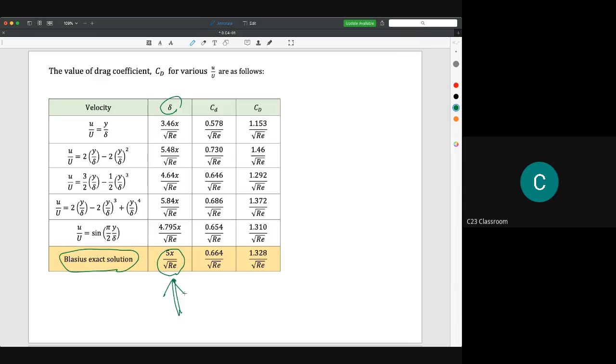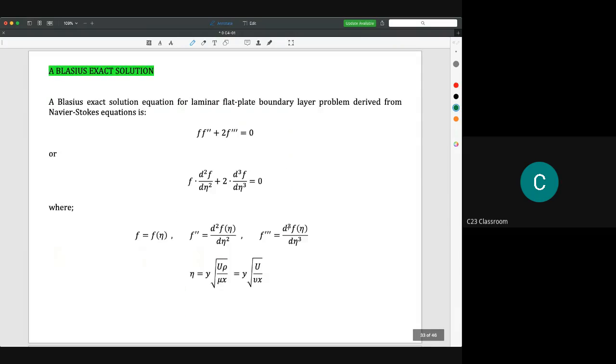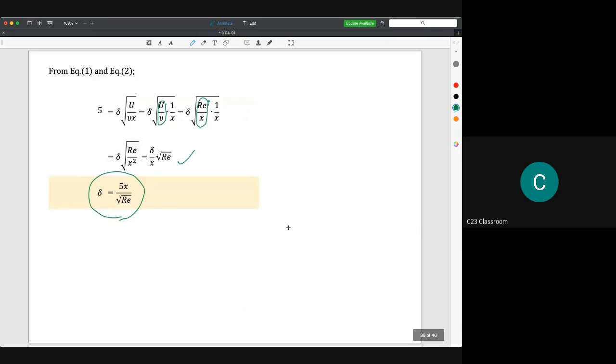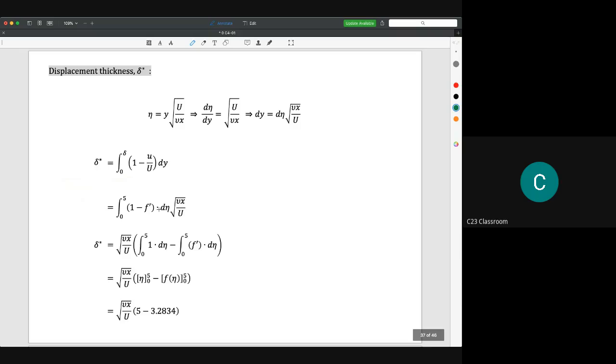That means you just use 5x over square root of Reynolds number to calculate the boundary layer thickness, and you use 1.328 to calculate the drag coefficient. But if you know the velocity distribution is by the power of 2, 3, and 4, then you need to use those values. Okay, so this is the way to determine the value of delta.